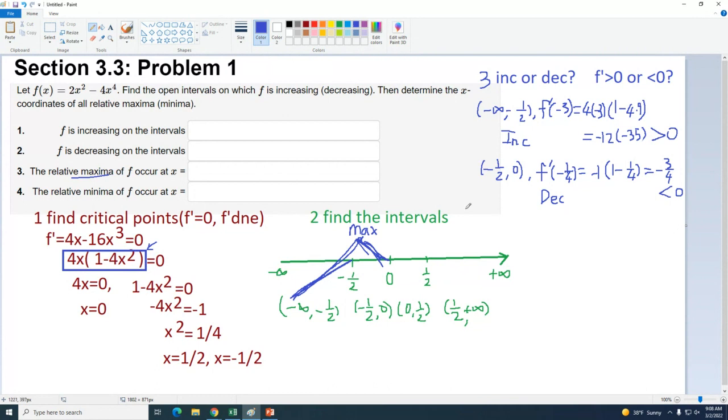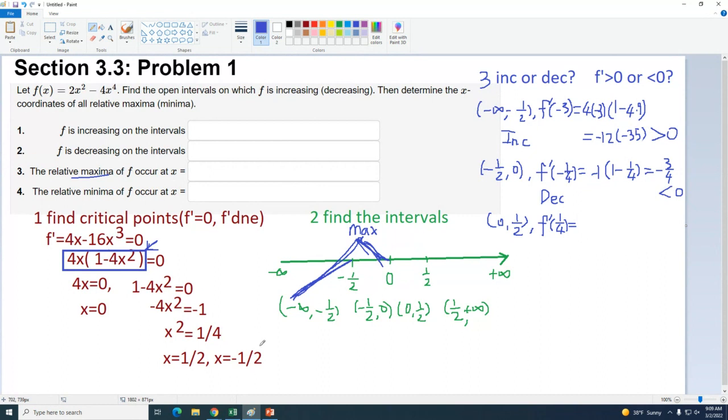The third interval is 0 to 1/2. So again, we're going to calculate the derivative to see if it's positive or negative. What point do we use? 1/4. So we're going to do the derivative value at 1/4. Again, we're going to do this calculation.